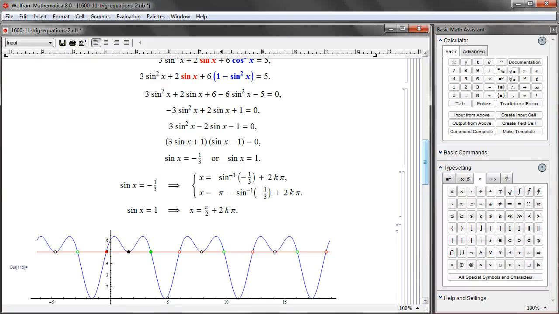Oh, actually the collision is still visible. This black point you see is actually coming from sine of x equals 1, and if you move just a little bit to the right or left, you'll see the same y-coordinate values, but they just collided right at this floor of the valley, and it turned out a single solution.